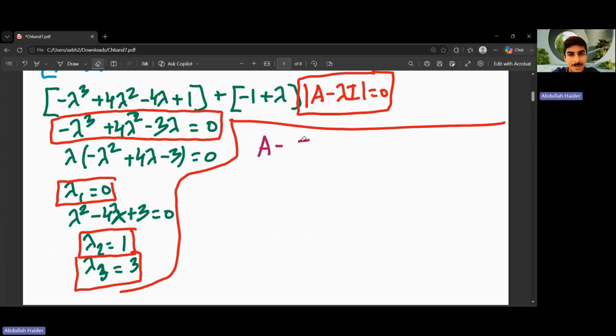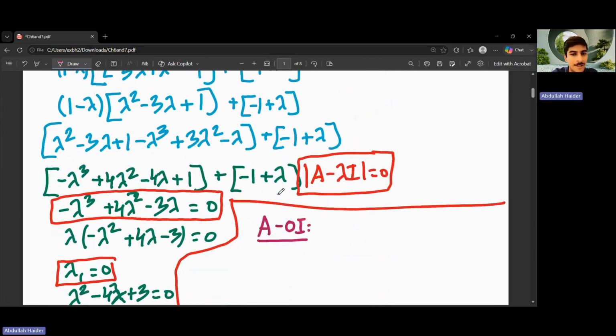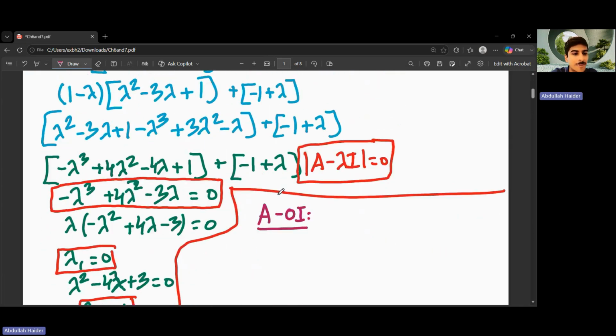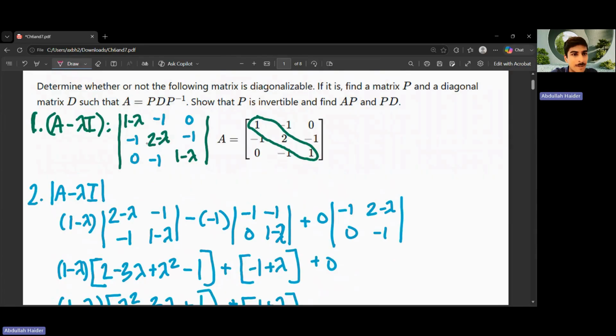So basically what I mean is you had A minus lambda I. So when you do this, this means that you go back to the main equation and you substitute lambda as 0. So after you find the eigenvalues, what you do is you put each eigenvalue in the main equation, and then you find the eigenvector using row reduction.